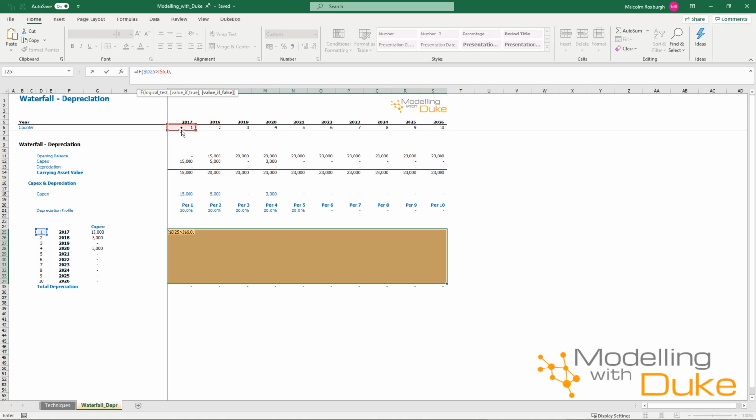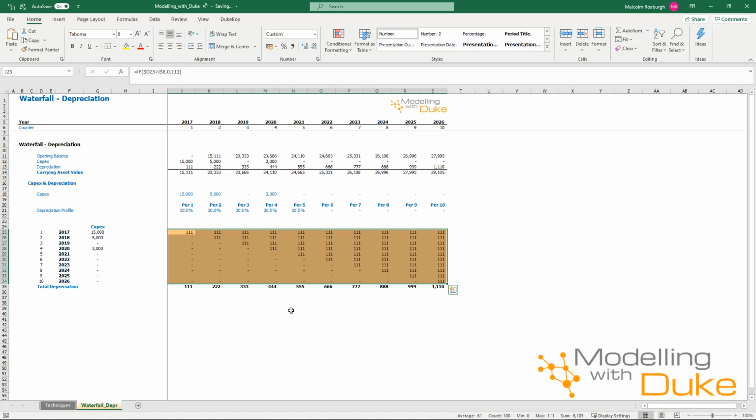Otherwise, I'm going to do my calc. Now, something I always do is just for no reason other than it's unlikely to crop up too often naturally, I just put in 111. So when I see that, I know I've not finished my formula yet. So that is the exact shape I was interested in. These 3 years, for example, don't get any depreciation for my 3,000.